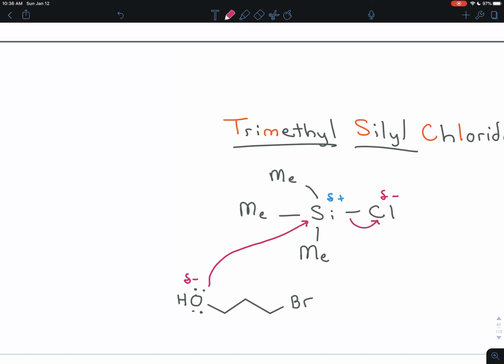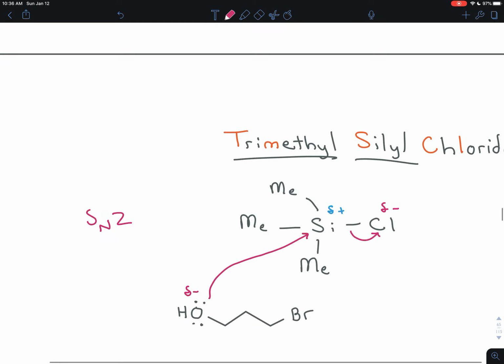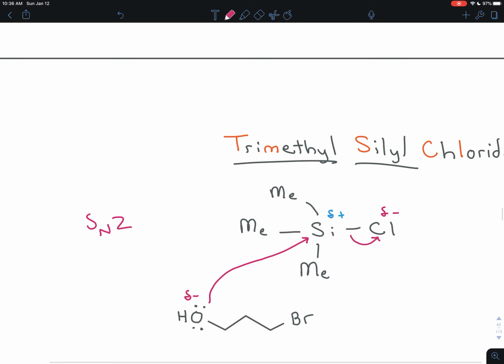Now, if you've really mastered substitution reactions, this should look a little strange because this is very crowded, right? The silicon is bonded to 1, 2, 3 other carbons. It's tertiary. You don't usually expect an SN2 reaction to happen on a tertiary atom. The reason why it can happen here is because as you go down and to the left on the periodic table, atoms become larger. And because of that, bonds become longer.